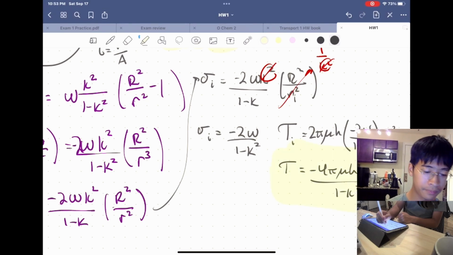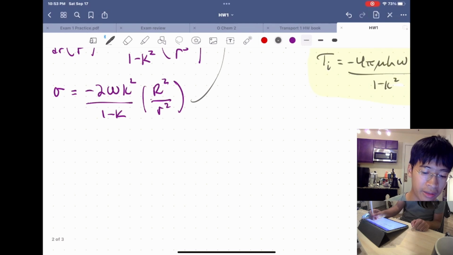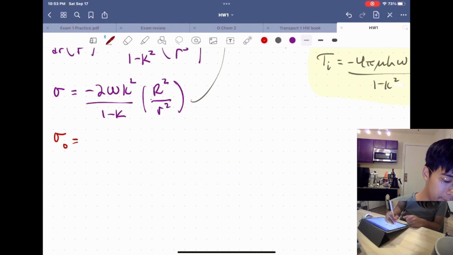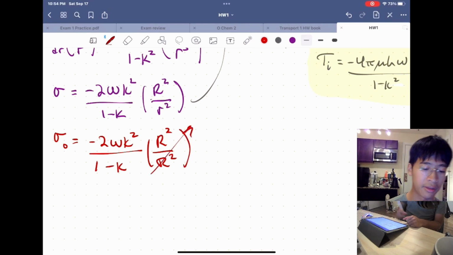Okay? Let's look at torque at the outer radius. Before we do that, we have to look at shear rate at the outer radius. So let's take a look at that. Now we say that the expression for shear rate at the outer radius, where the independent variable r is equal to the outer radius, well, that just goes to 1.